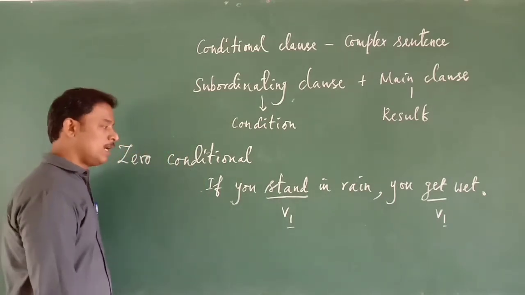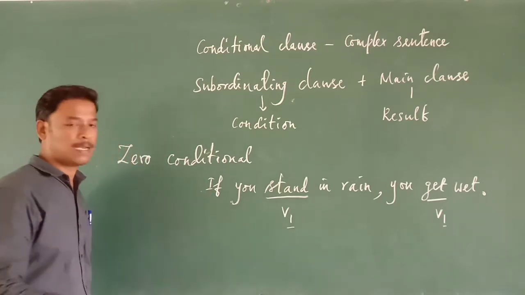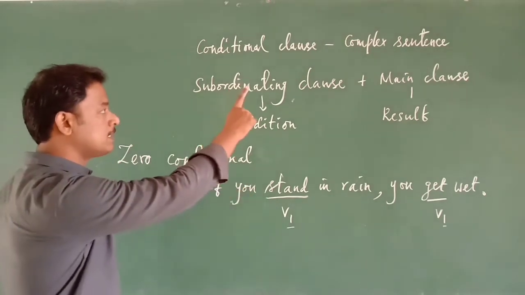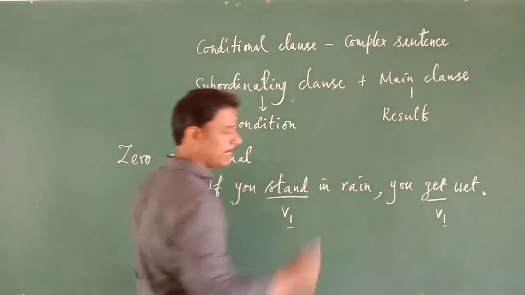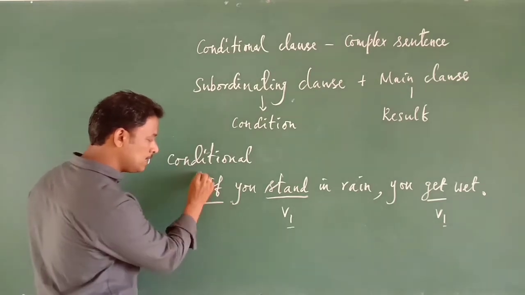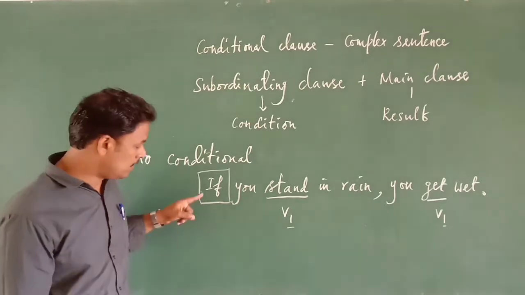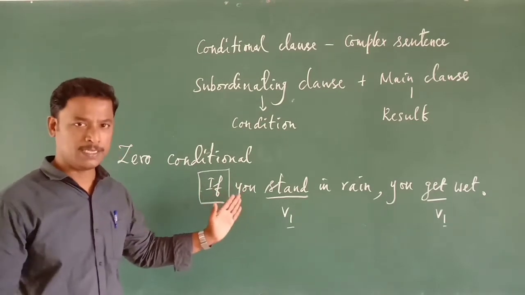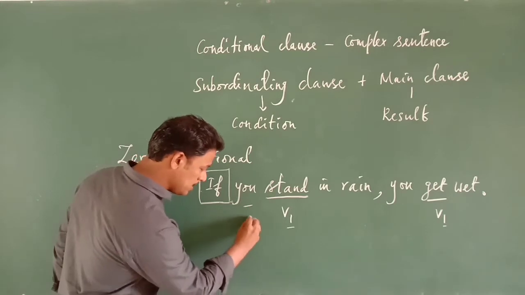How will we call this sentence? It is a complex sentence. As I already told you, a complex sentence must have the formation of subordinating clause plus main clause. A subordinating clause must start with a subordinating conjunction. The term if is the subordinating conjunction. It subordinates, that means it helps. Then you is the subject.